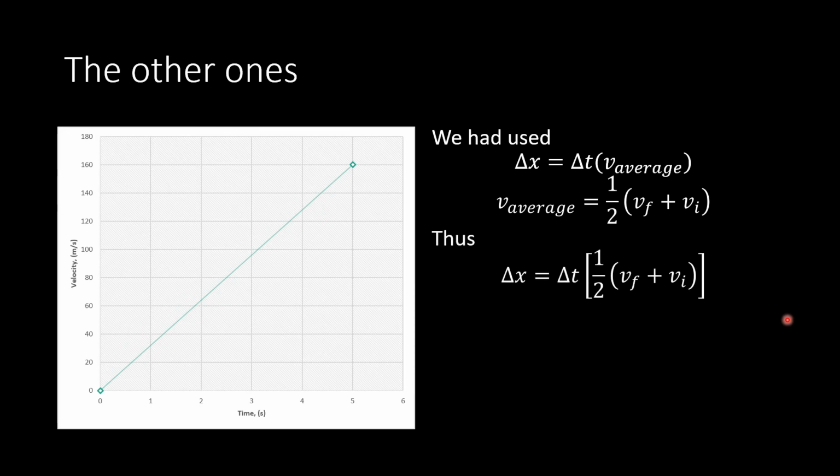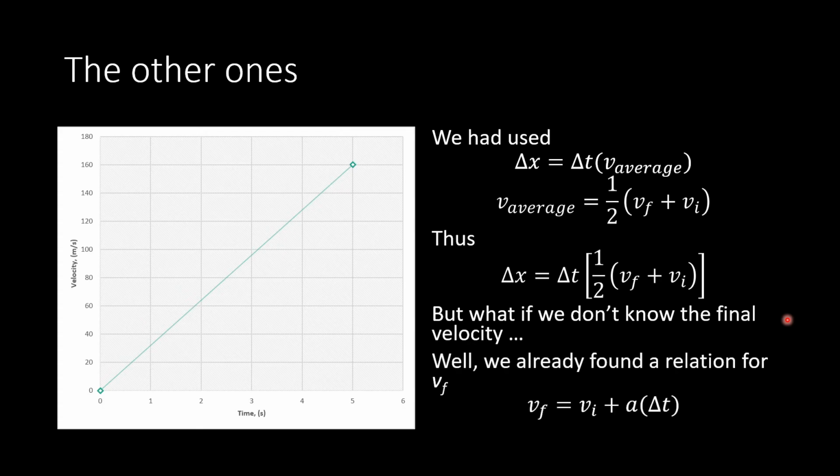And then we found that you can come up with this relationship. Well, what happens if you don't know the final velocity? What I mean is, we've already found the relationship, but what if you don't know about 2 points? Can we do something else with this equation and the other equations that we'd used before to come up with a newer formulation?